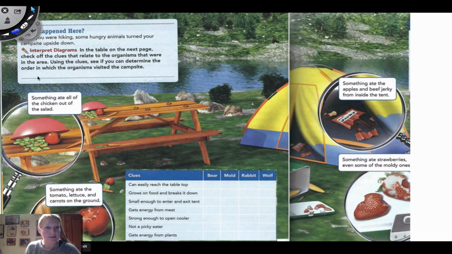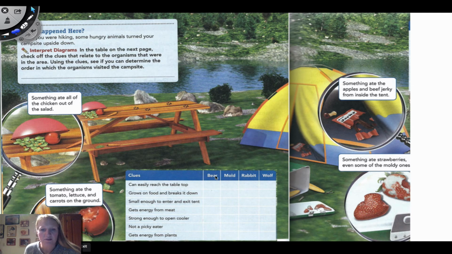So I like this image very much from your book, actually, because it's asking you to identify and think about clues that would tell you which kind of animal broke into this campsite. So it's saying you went hiking and some hungry animals turned your campsite upside down.